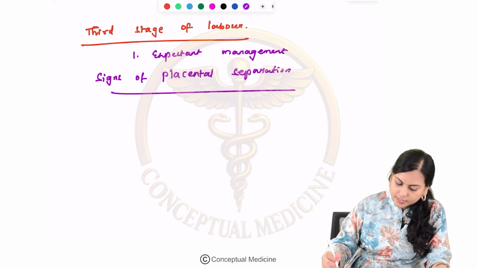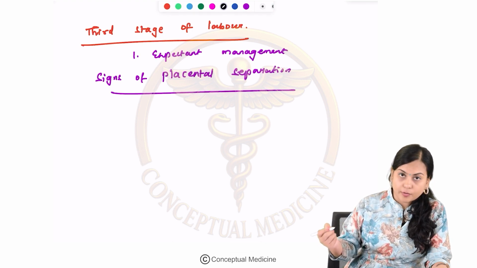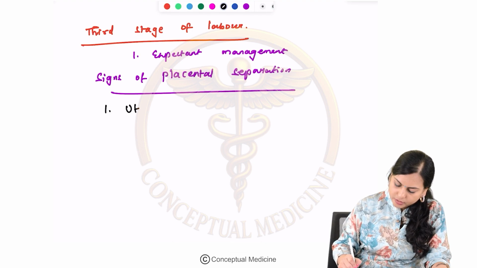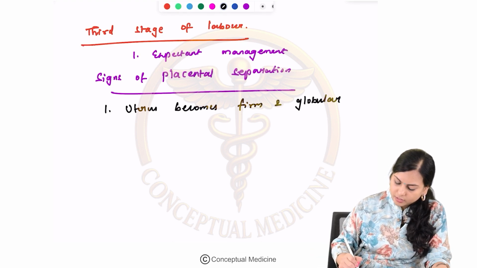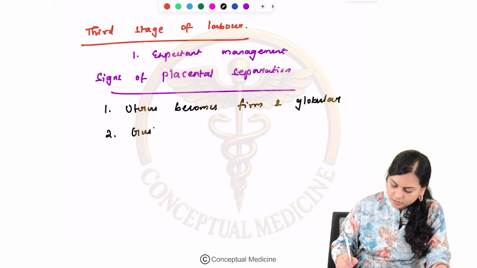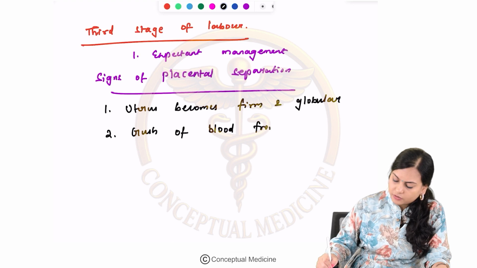So, signs of placental separation means we have so many points. Number 1, the uterus becomes firm and globular. Then there is gush of blood from vagina.